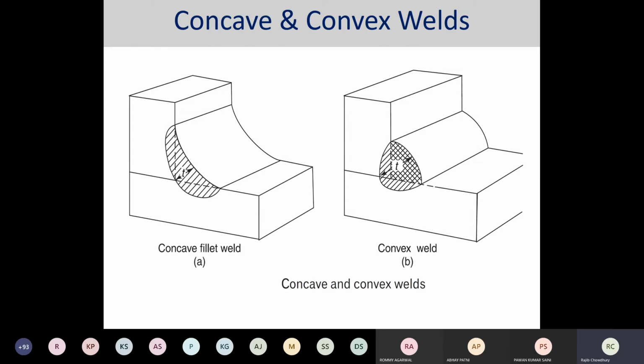However, it can be easily seen by inspecting both together that the concave fillet weld has less penetration than the convex fillet weld. That is why the convex fillet weld will be stronger than the concave fillet weld.